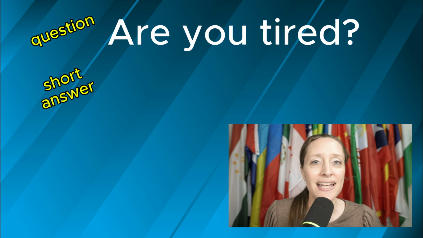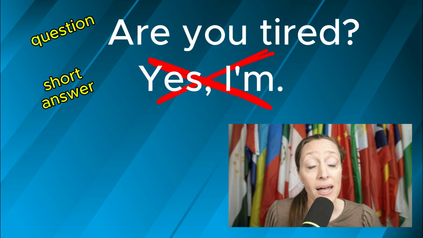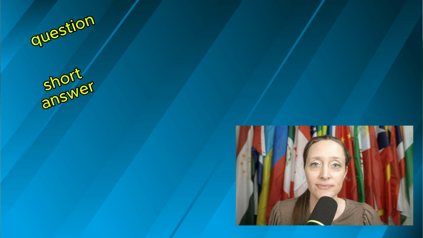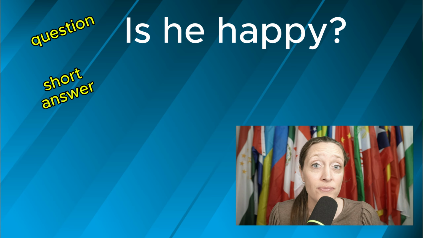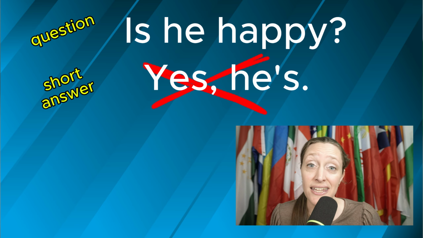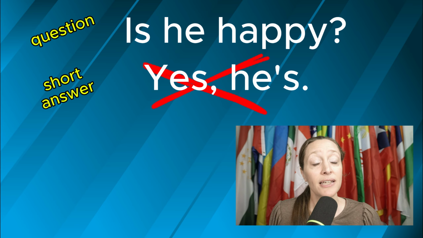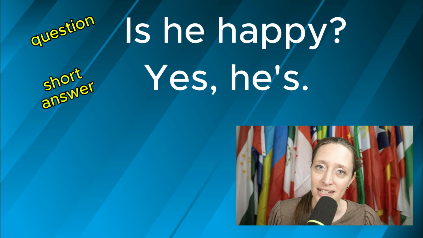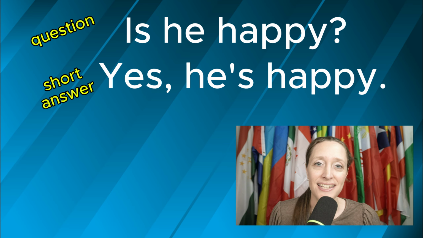We do not say, yes, I'm, but we can say the short answer and say, yes, I am. We cannot say, yes, I'm. Is he happy? We can say, yes, he is, but we cannot say, yes, he's. If you say, yes, he's, you need to finish your sentence and say, yes, he's happy.